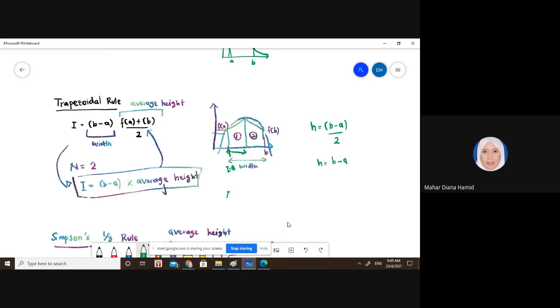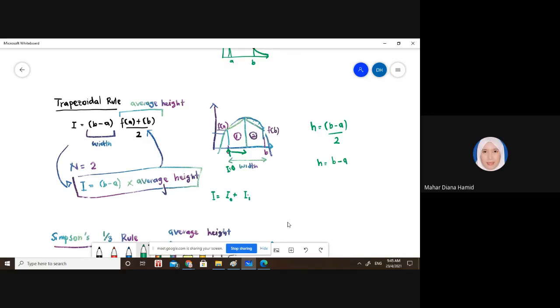So I plus I, so the integration is actually I at the initial value plus I.